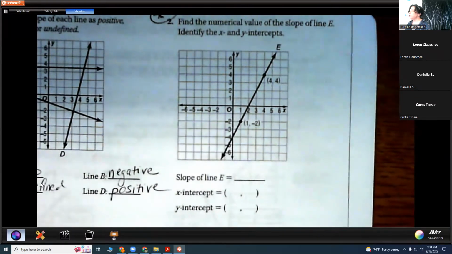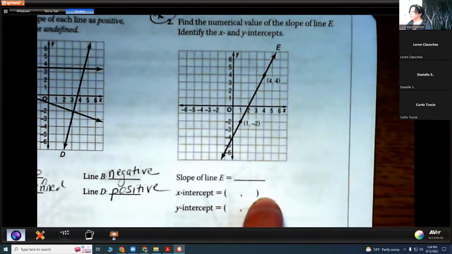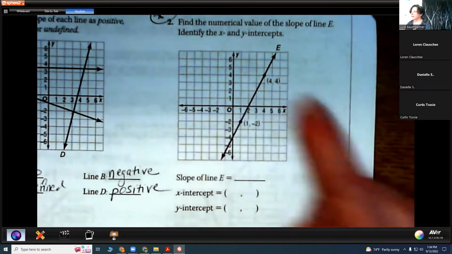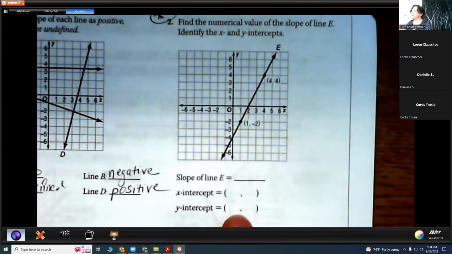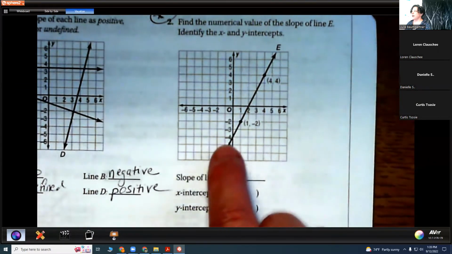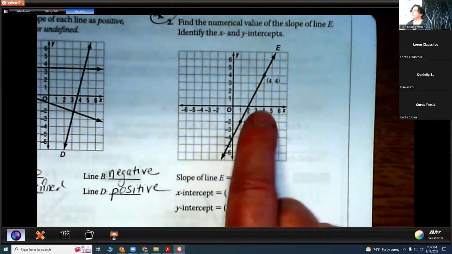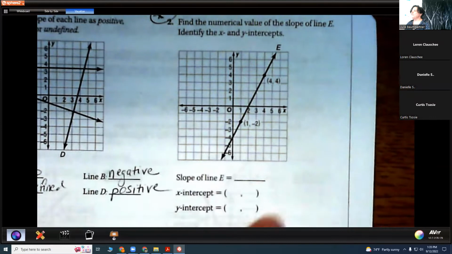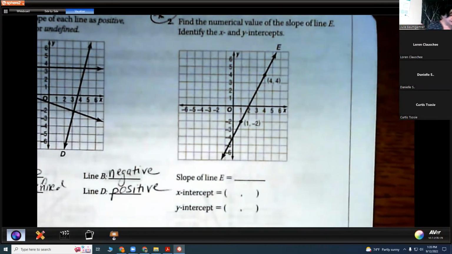You also need to find the points for the x-intercept, which would be the point of the line that crosses the x-axis, and also the point of the y-intercept. So while I'm grabbing my pencil case, see if you can find the points that represent the x-intercept and the y-intercept, okay? I will be right back.